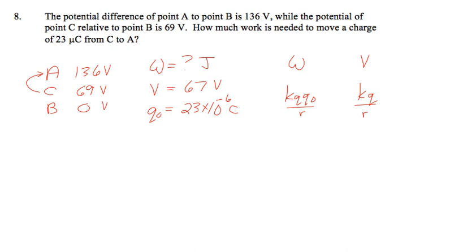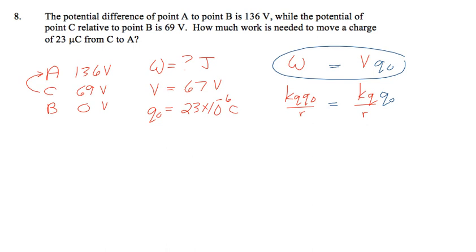So to make the numerators the same, I'm going to multiply this side by Q0. Whatever I do there, I do up here. And now since these two are equal, I have the formula that I can use to solve for the work based on the variables that I know in the problem.